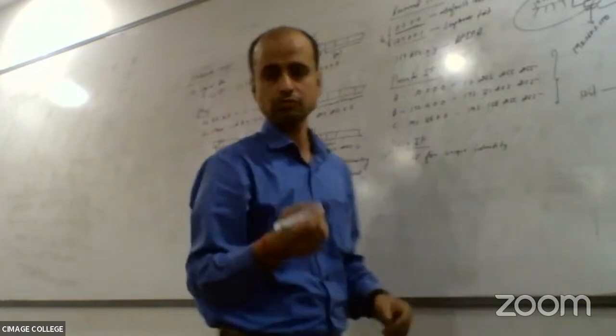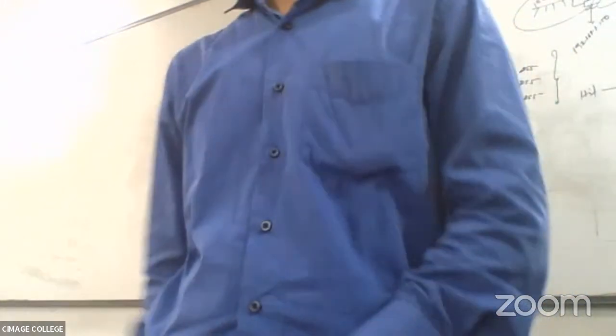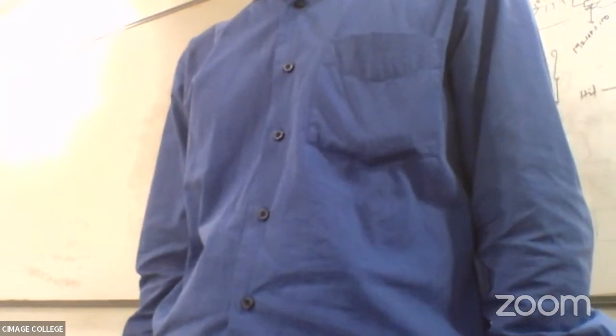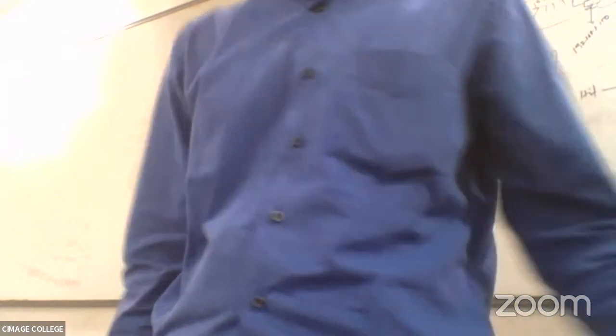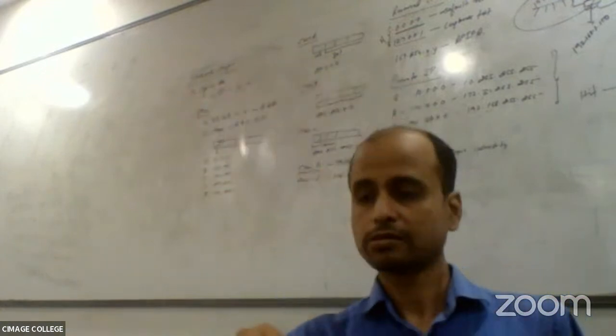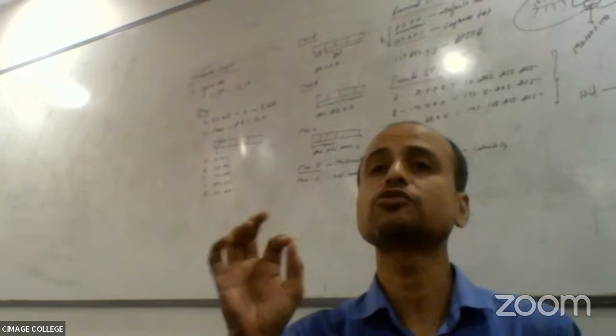This is IPv4. In the next class, I will repeat this again, because most of the time I think I'm repeating everything. Otherwise, I would take hardly 5 to 7 classes for DCN.